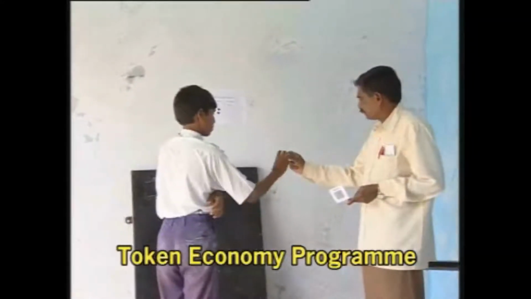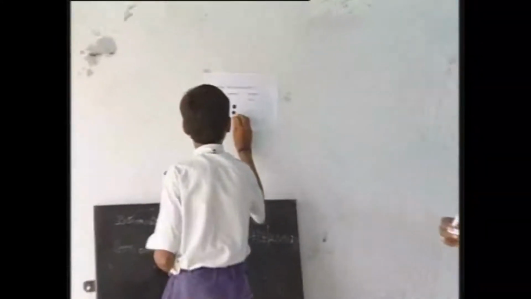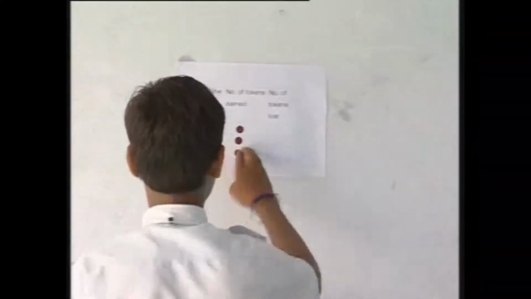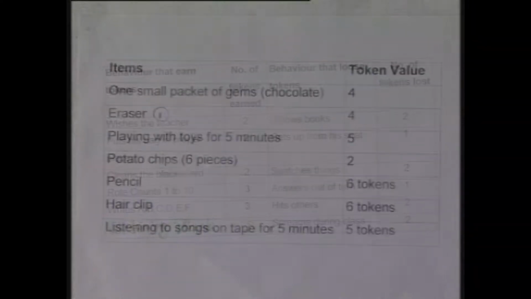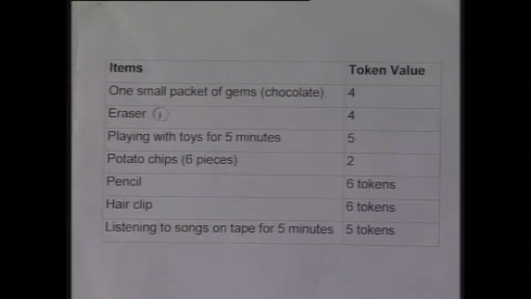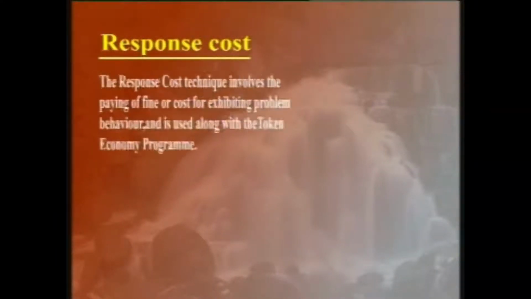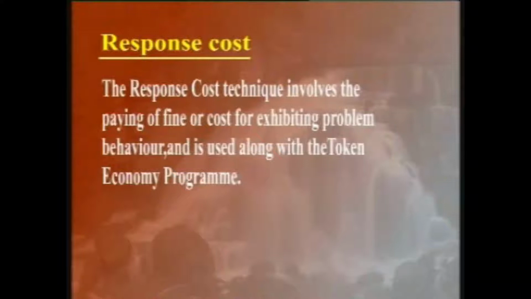The token economy program uses tokens as rewards for achieving desirable target behavior and allows the exchange of tokens for other rewards. The response cost technique involves the paying of fine or cost for exhibiting problem behavior and is used along with the token economy program.